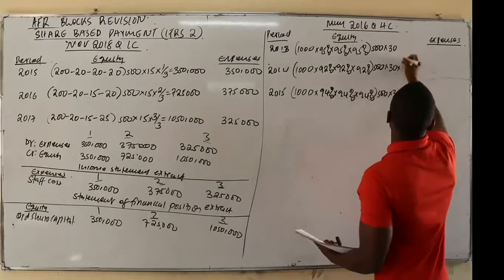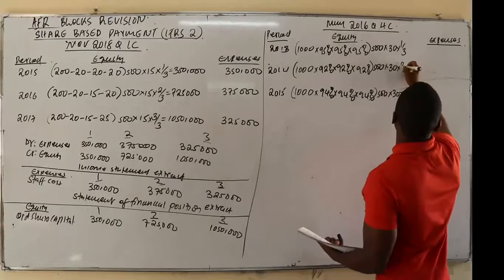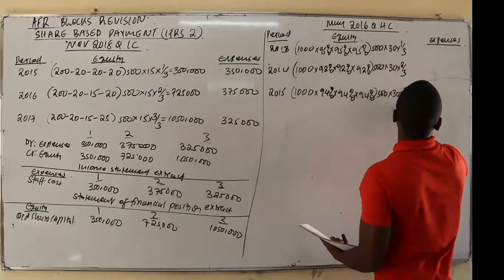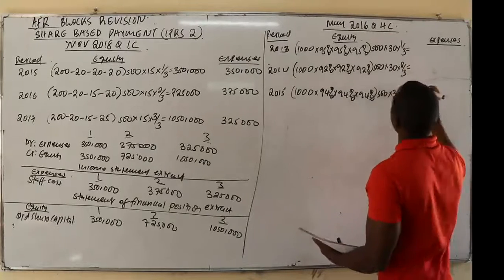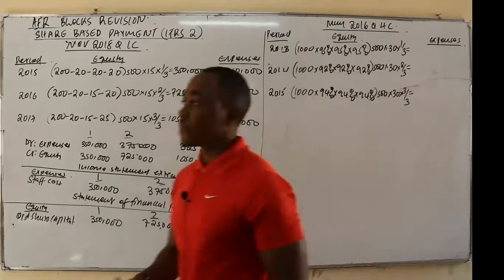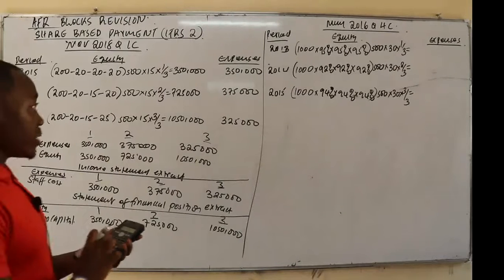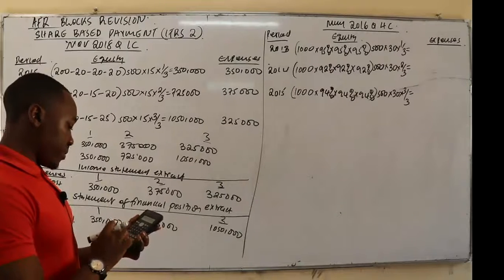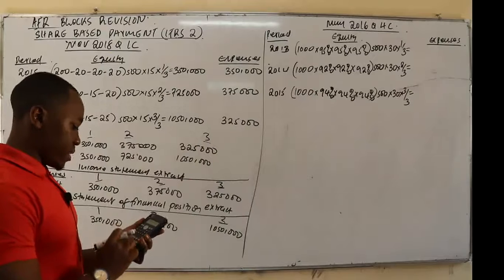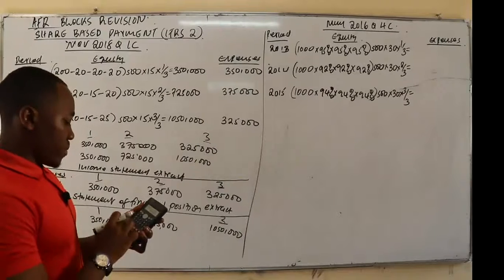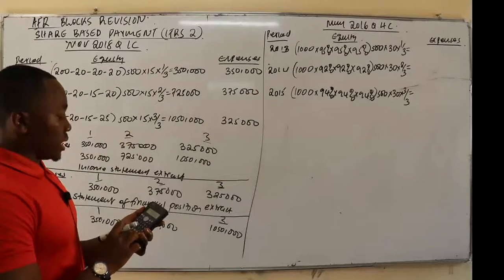Then you amortize 1 of the 3 years, 2 of the 3 years, 3 of the 3 years. So I think with that, you can now determine that. The first one is 1,000 times 0.95 times 0.95 times 0.95, then you multiply by 500 times 10.